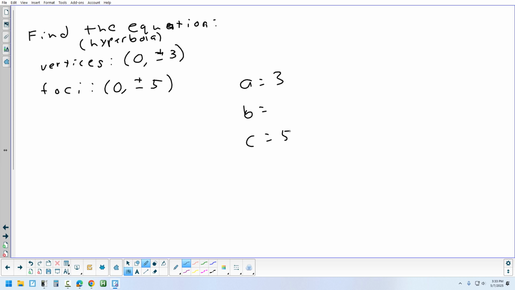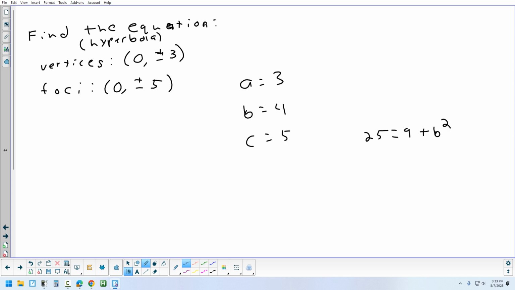C squared equals A squared plus B squared. So when we solve for B, what are we going to get? Square root of 16, or 4. Yep, so we get 4.